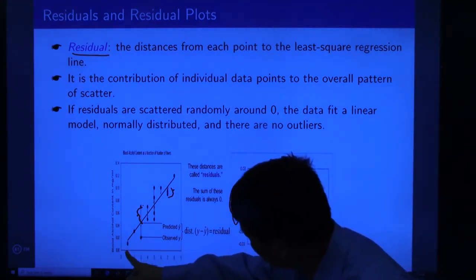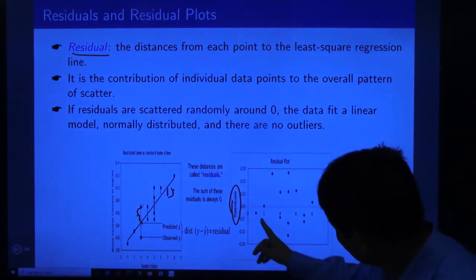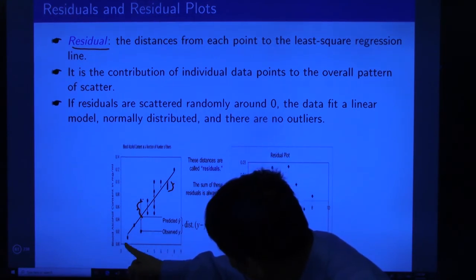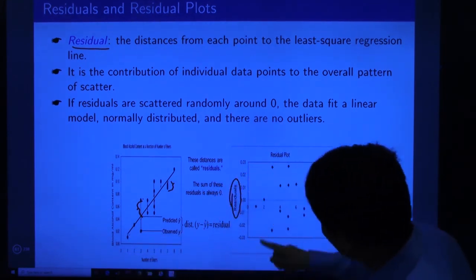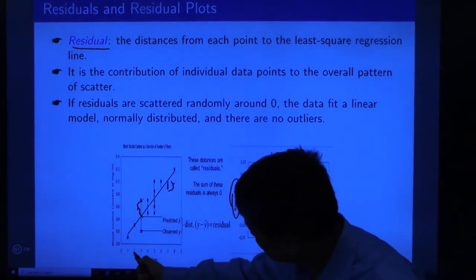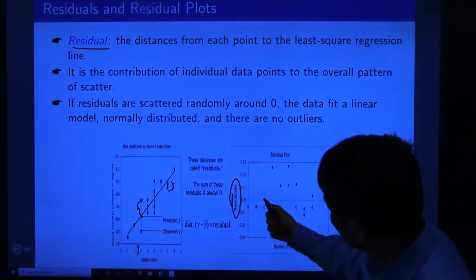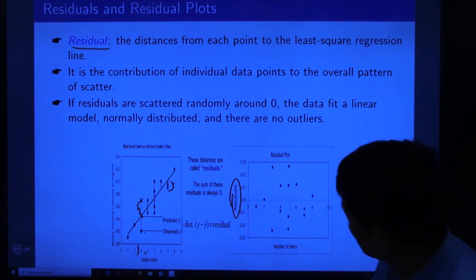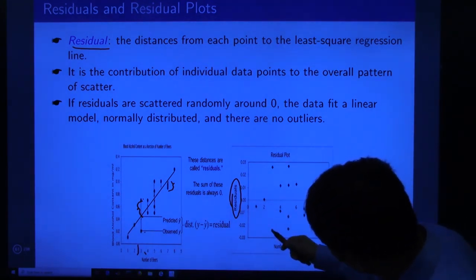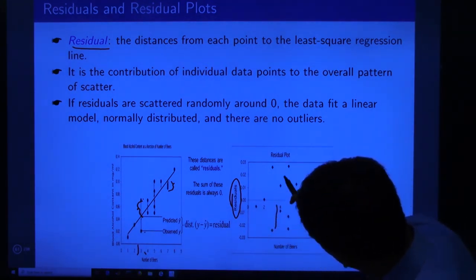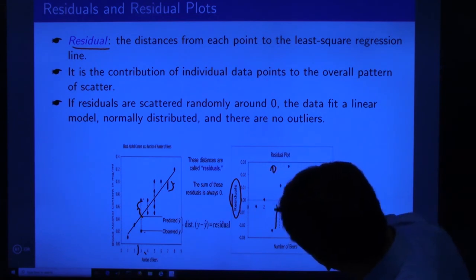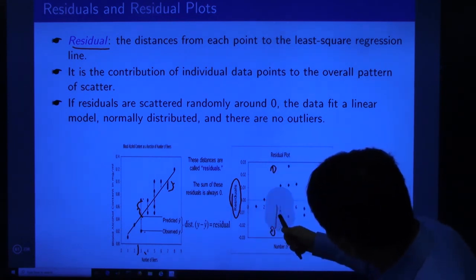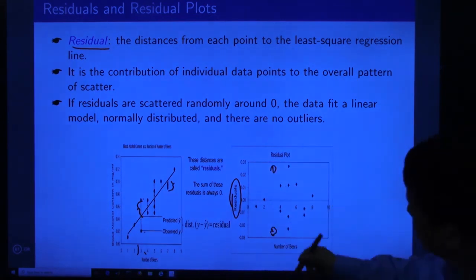So for example, for the first one, when beer equals 1, the residual is a little bit negative, so that's why it's here. When x equals 2, the residual equals 0, so that's 0. When x equals 3, we have two residuals. One is negative, another one is positive. So when x equals 3, one is positive here, another one is negative here. And we draw this.